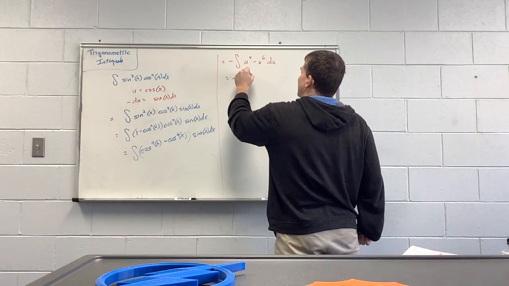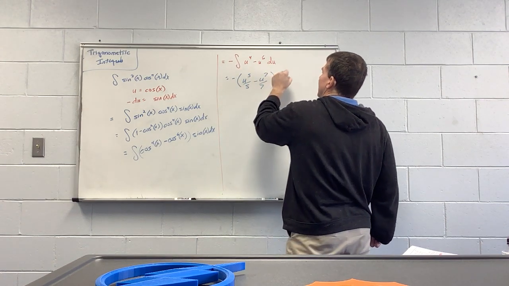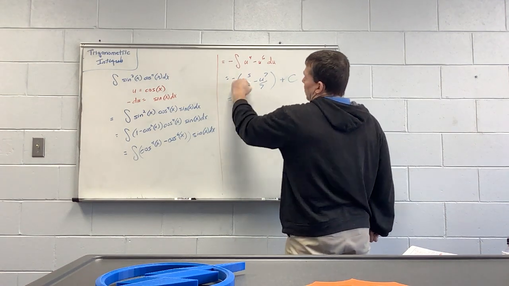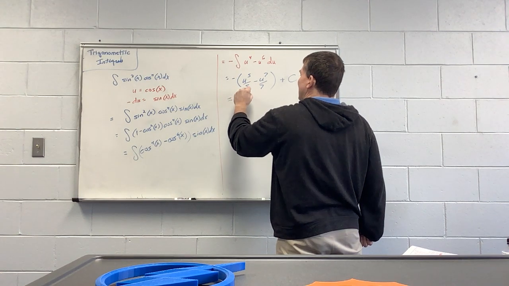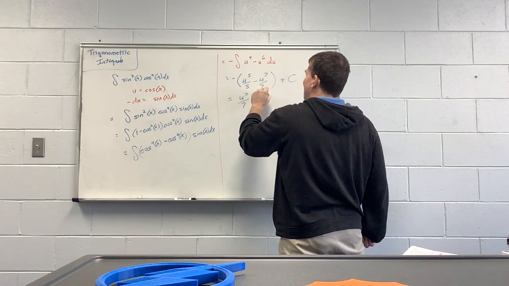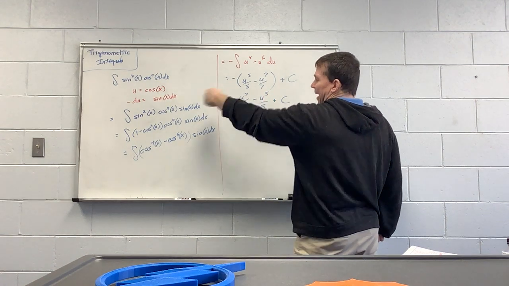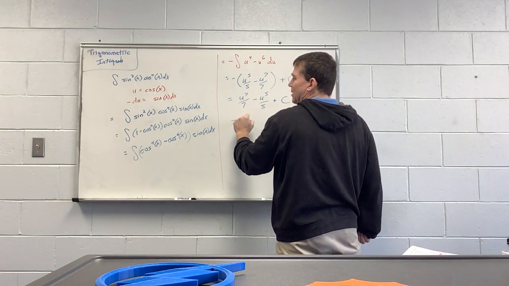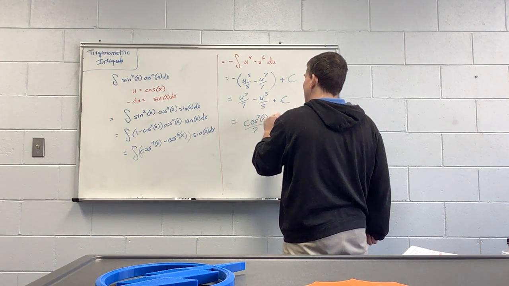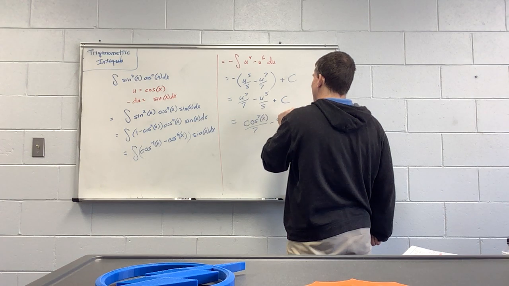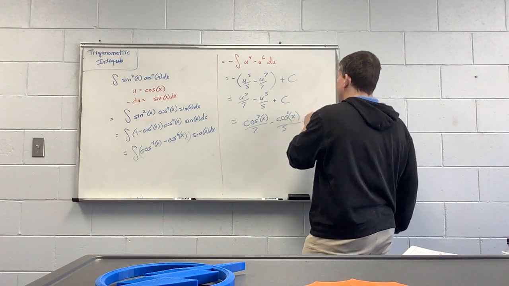Negative of u to the fifth over 5 minus u to the seventh over 7 plus c, which will then distribute the negative in, which will flip everything around. I'll get u to the seventh over 7 minus u to the fifth over 5 plus c, and then I substitute back. U is cosine, so I get cosine to the seventh of x over 7 minus cosine to the fifth of x over 5 plus c.